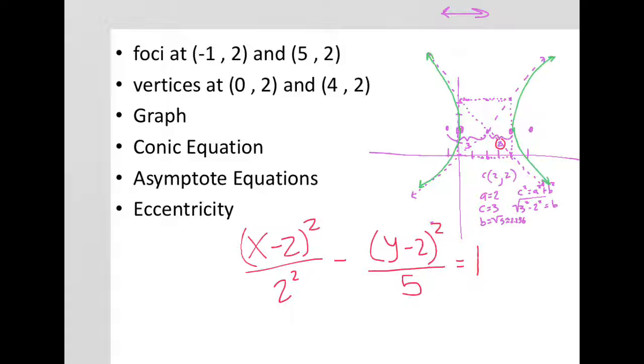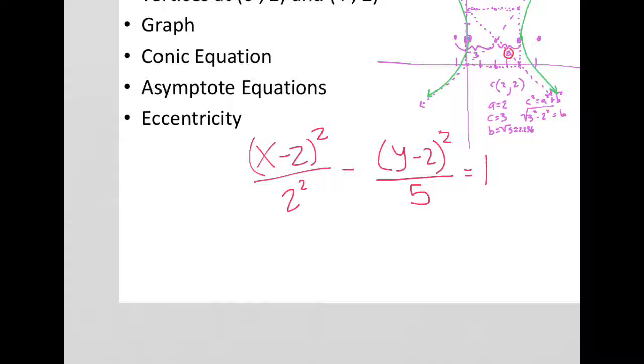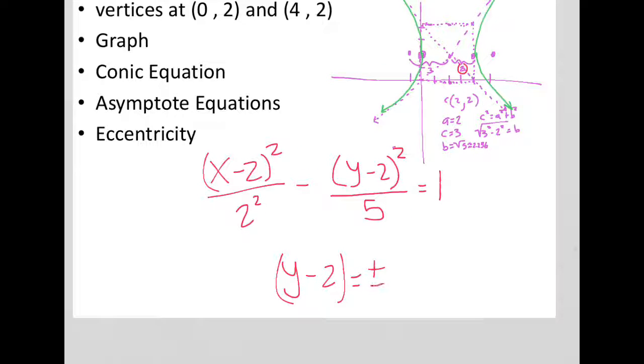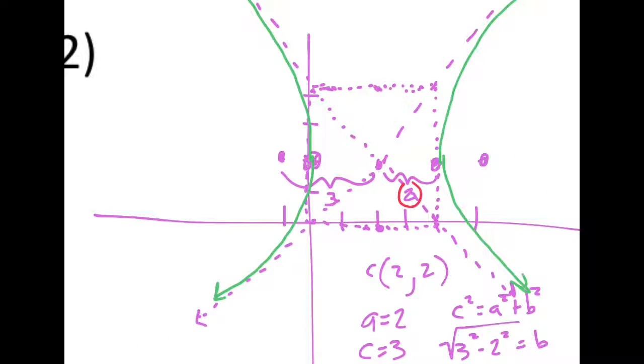And now we need to write the equation of the asymptotes. And remember, super duper easy in point slope form. That's just going to be y minus 2 equals my slope, which is plus or minus. Since this is a horizontally opening hyperbola, you need to think about b is running up and down, and a is running side to side.